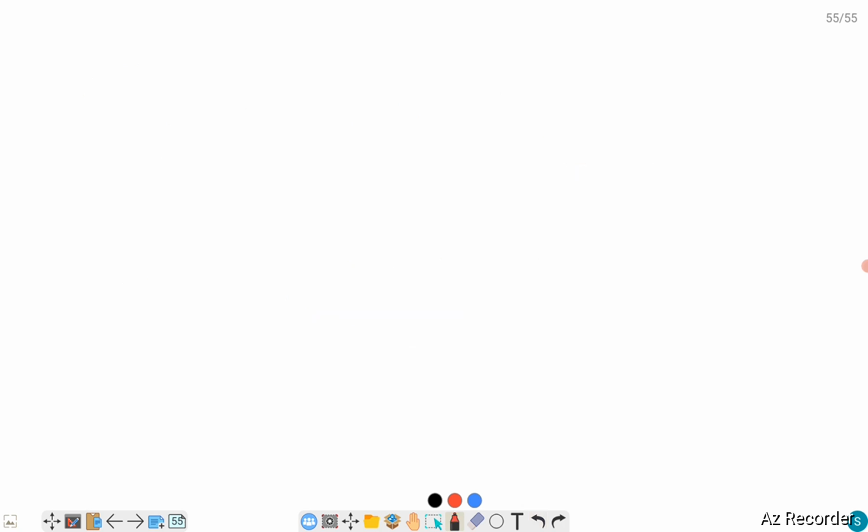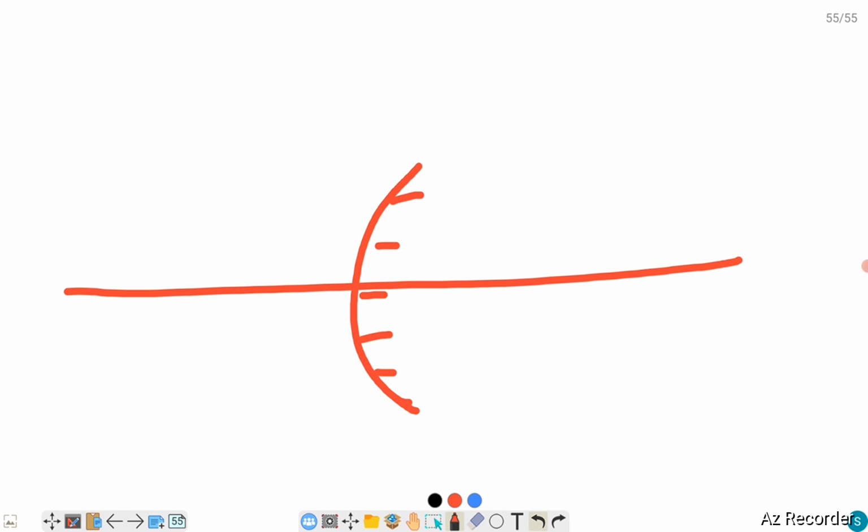Now convex mirror means we should have it like this, correct? Now this is the principal axis. For a convex mirror, where will the center be? Behind the mirror. Here you have the center, here you have the focus and here you have the pole. Okay. Now why this focus is here, we will see first.